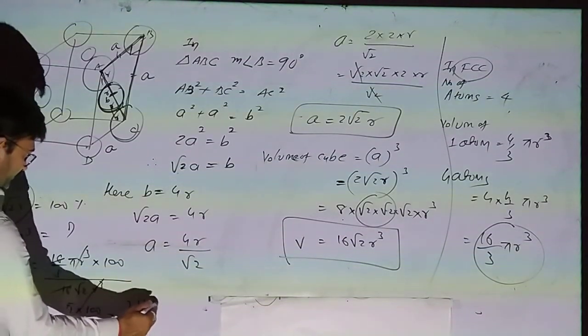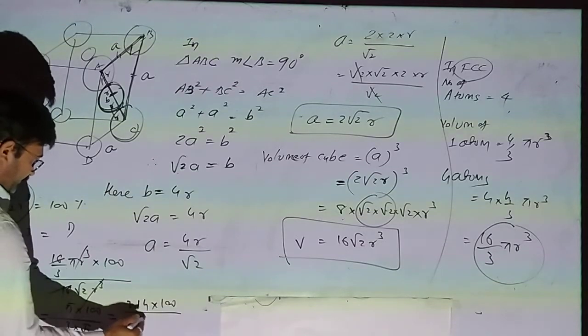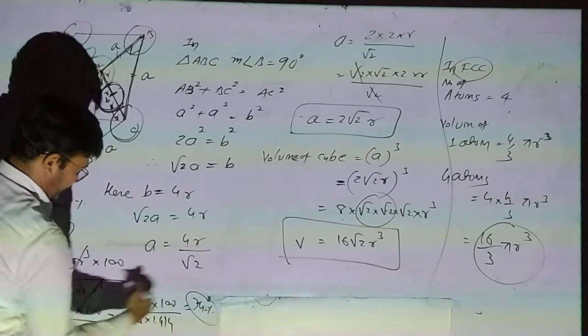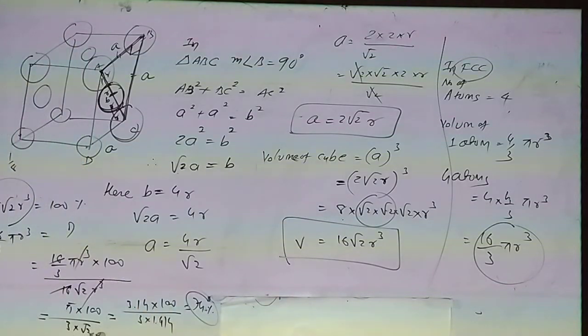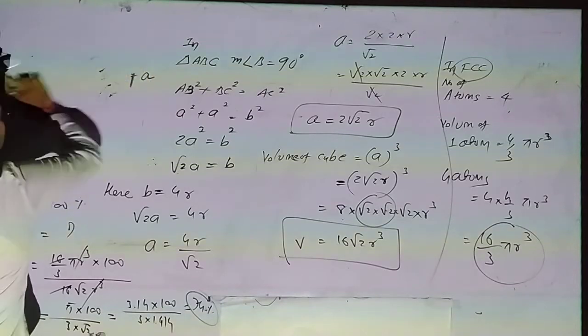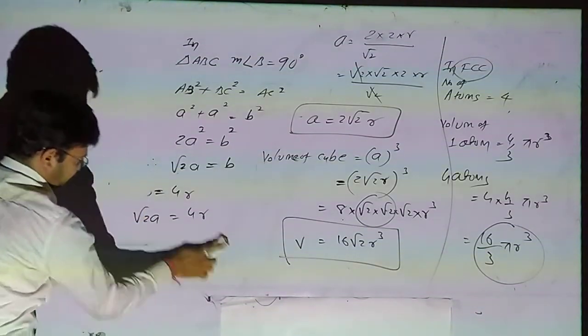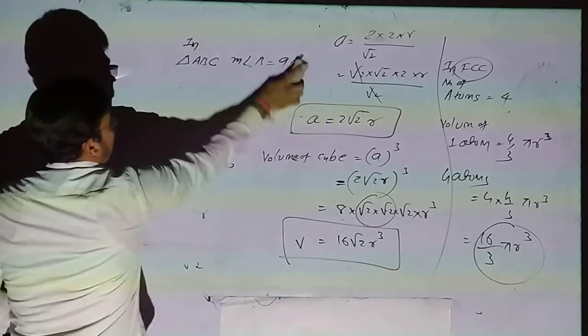So 3.14 into 100 upon 3 into 1.414 is equal to 74%. So in the FCC case, 74% of the volume is occupied by spheres and 26% void remains. 26% space remains vacant.